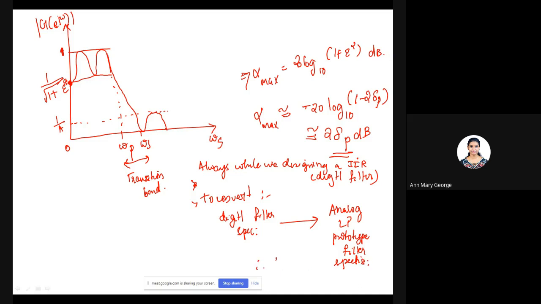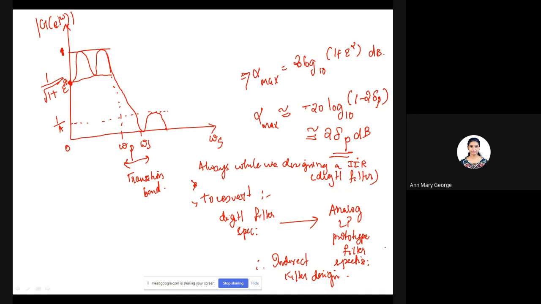Therefore it's also known as indirect filter designing. In FIR we directly design, or we directly find, the transfer function of the linear FIR filter by using the given specification.